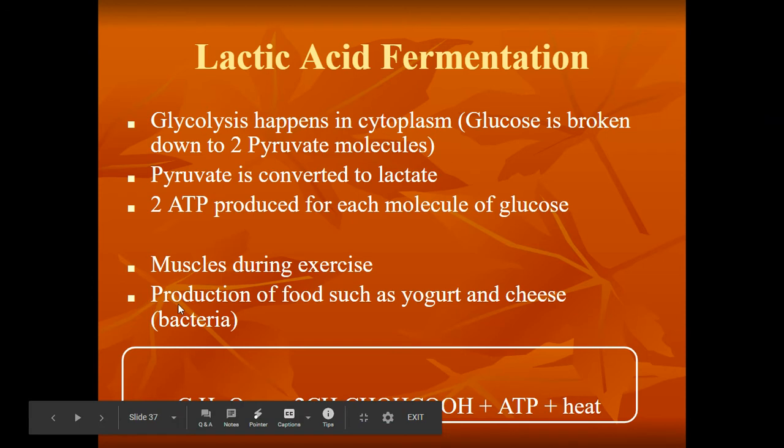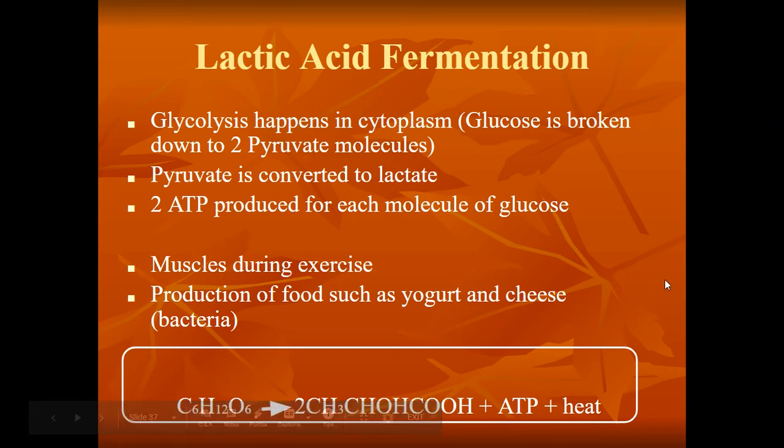So at the bottom there is the equation that has to happen in order for lactic acid fermentation to happen. That's the reaction that happens. We have sugar all the way over there on the left side, our C6H12O6.